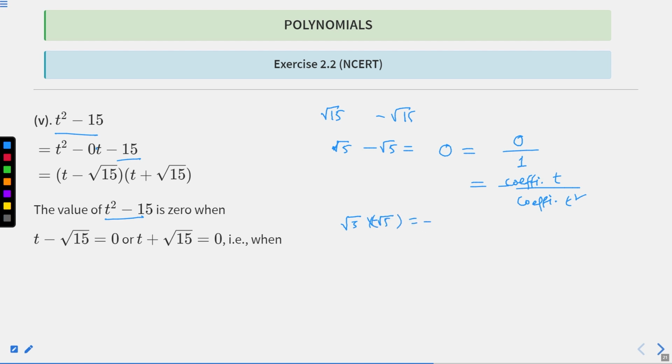Okay, and this is equal to minus 15, which can be written as minus 15 by 1, and here the constant term is minus 15 and the coefficient of t square is 1. So this is equal to constant term divided by coefficient of t square.